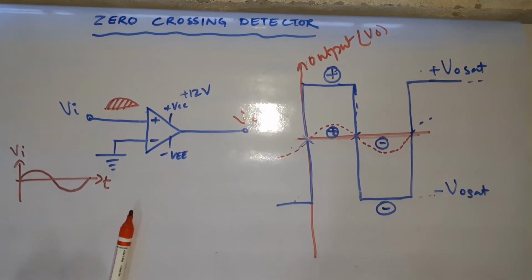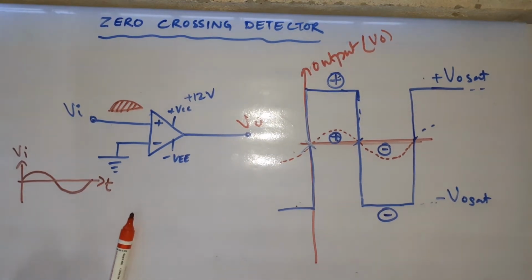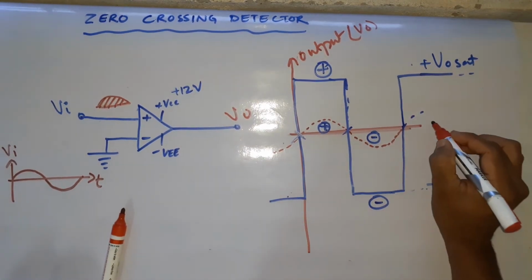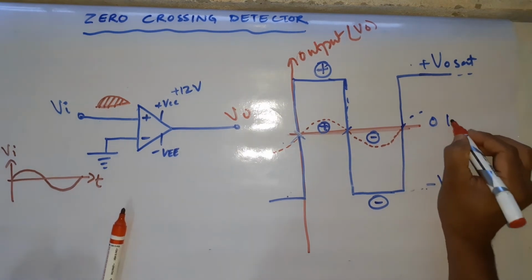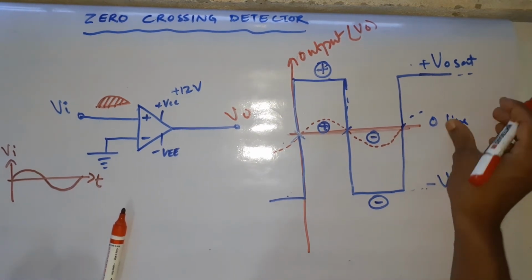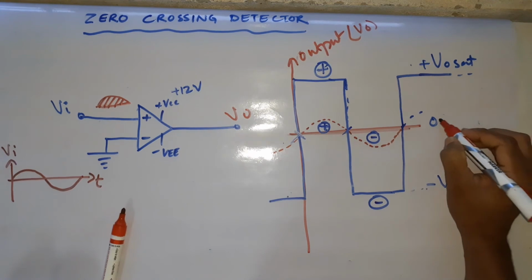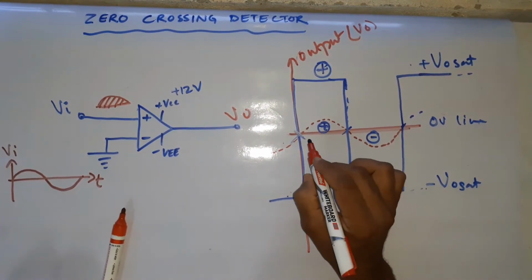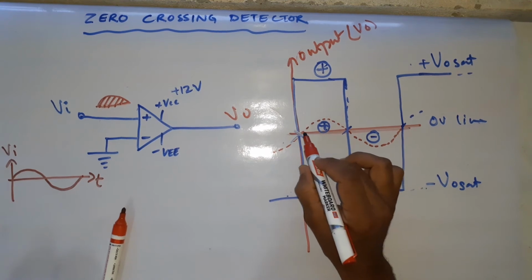Now, one important thing I missed out, the 0 line what you see. I have written here 0 volts line. This is our 0 volts line, right? Your output is not changing exactly at 0.